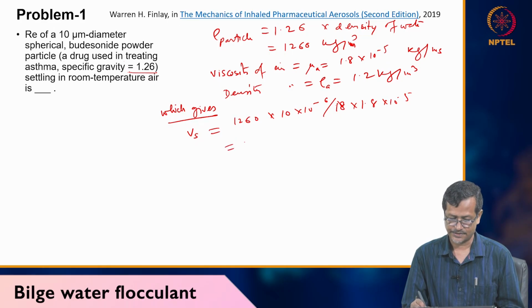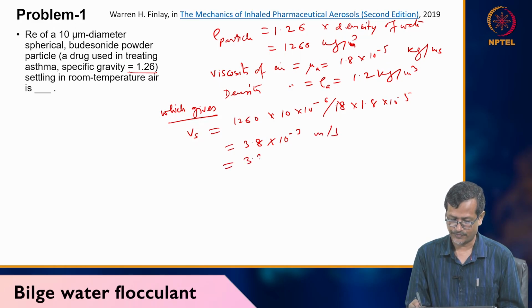So this is giving 3.8 into 10 power minus 3 meter per second, so equals 3.8 millimeter per second.